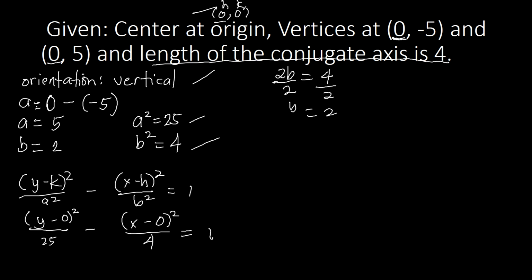So simplifying that one, we have y squared, because y minus 0 is y, over 25 minus x minus 0 is x, and then we square over 4 equal to 1. So this is now the standard equation of the hyperbola.